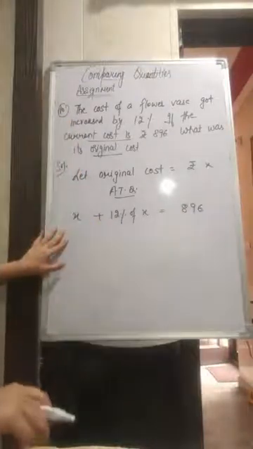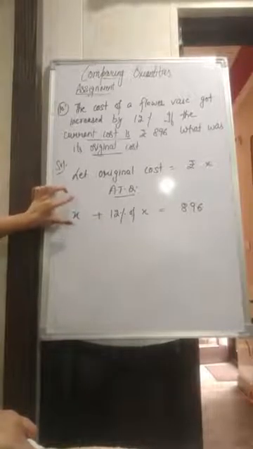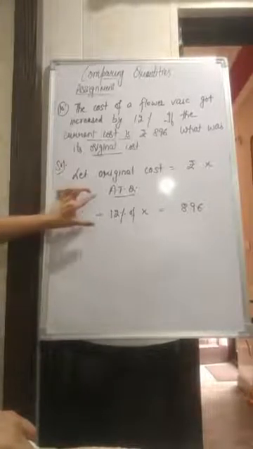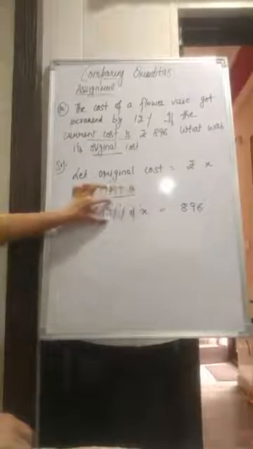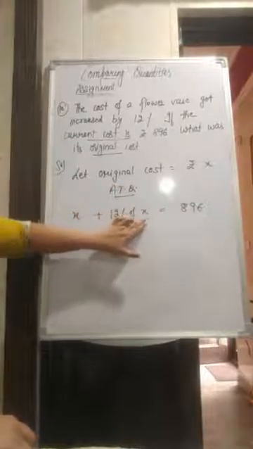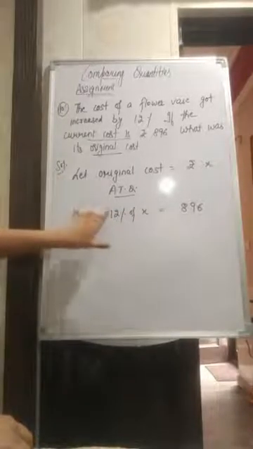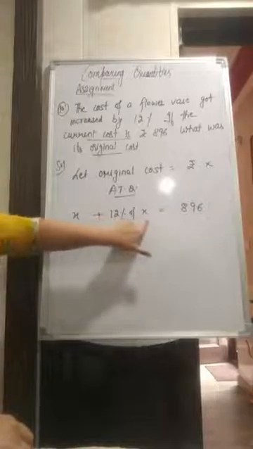So what will be our equation? x plus means the original amount, जितने का flower vase पहले था, plus जितनी amount increase हो गई. कितनी increase हुई? 12% of x, means जो original cost थी, उस पे 12% का increase हुआ है.